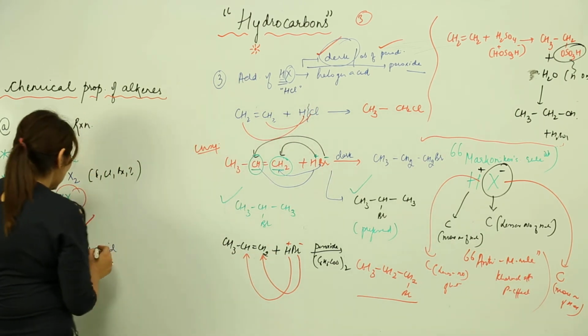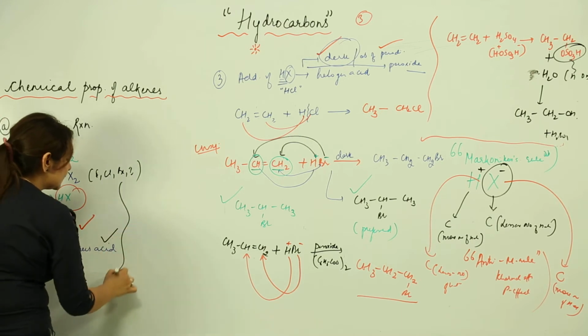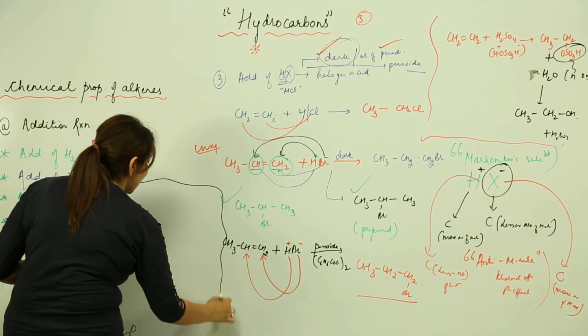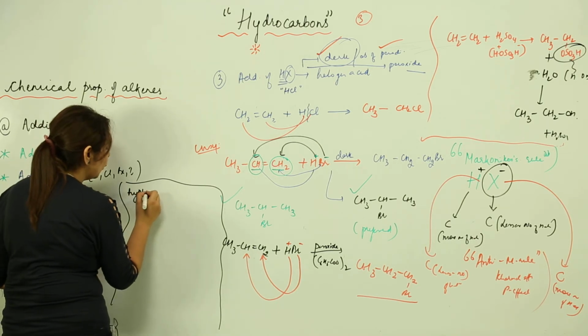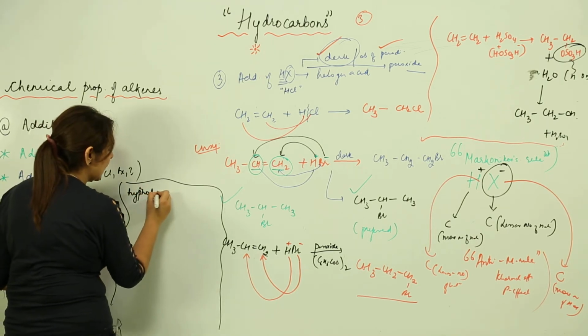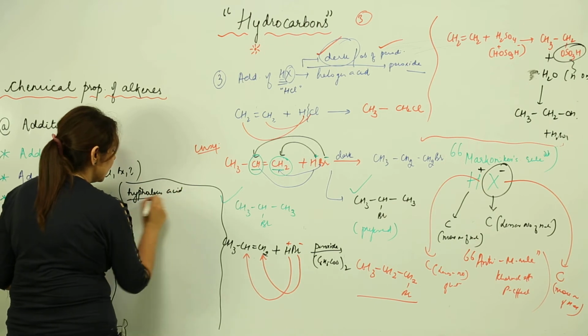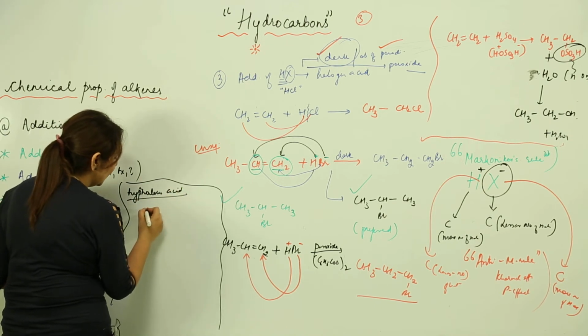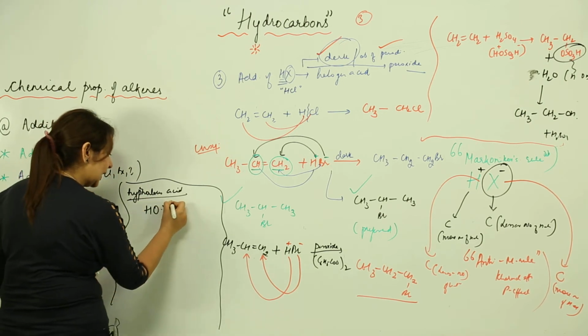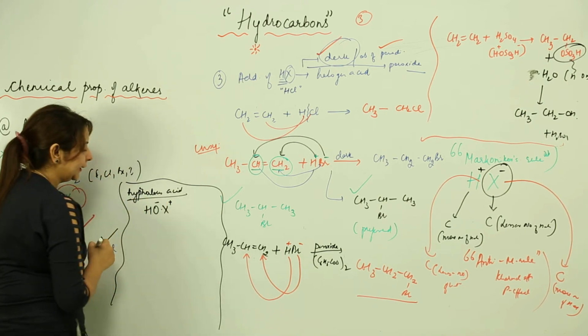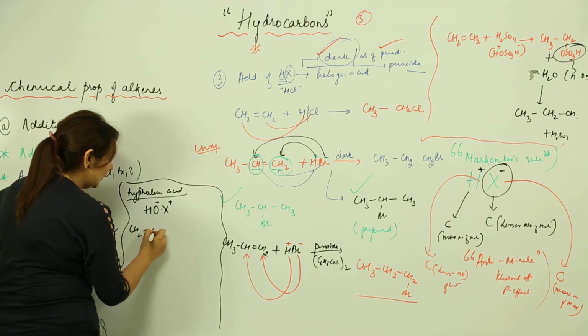Next we have addition of hypohalous acid. First of all you should know what hypohalous acid is. It is actually an acid in which there is an OH group and a halogen. Here OH acts as a positive part and the halogen acts as a negative part. So to an alkene you are going to add it.